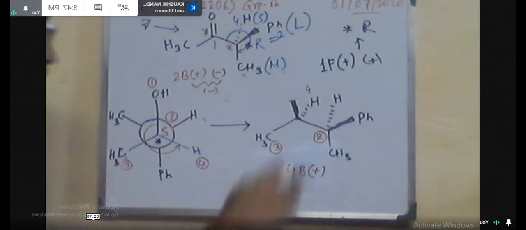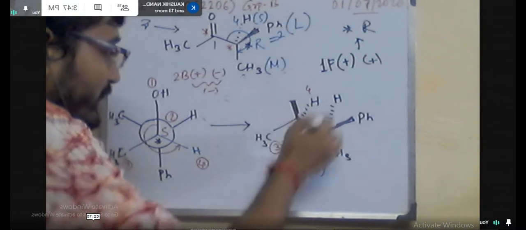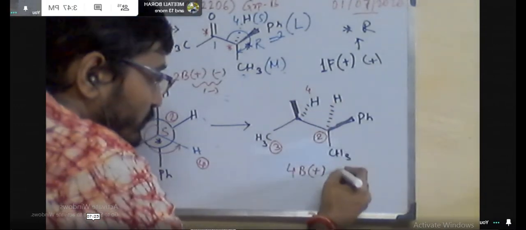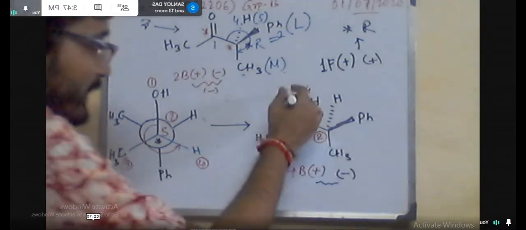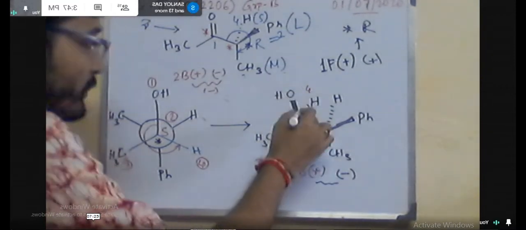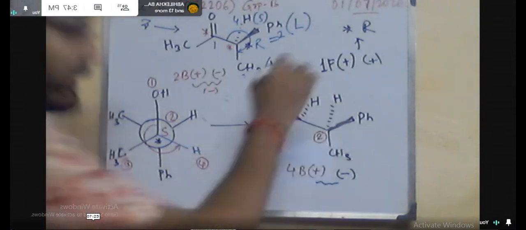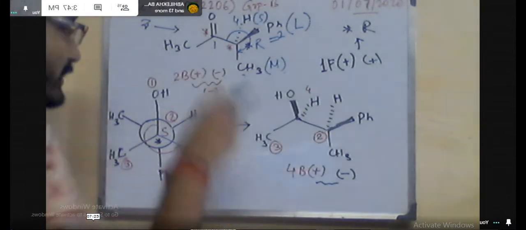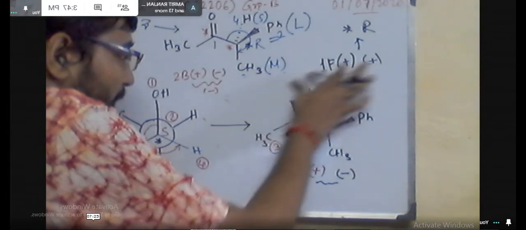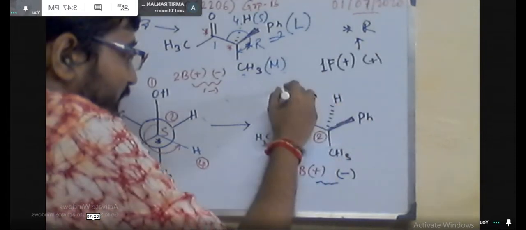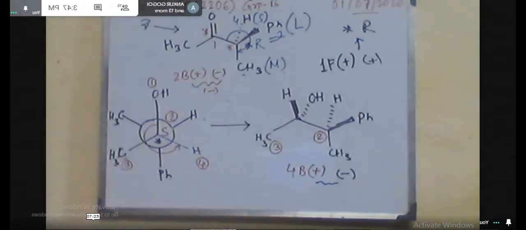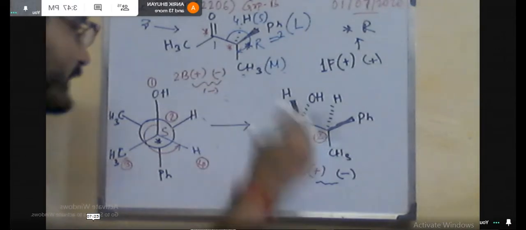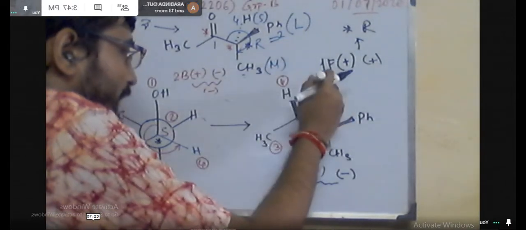Now in this case you can see this is the 4th group and this is the 1, and we know the rule, that means 1b minus, and now you have to find the rotation of the rest of the 3 groups, that is 2, 3, 4, clockwise. So plus into minus is minus, so the configuration is S, and here you can see the configuration is R. So by just exchanging the position, you can draw the structure of the flying wedge projection.